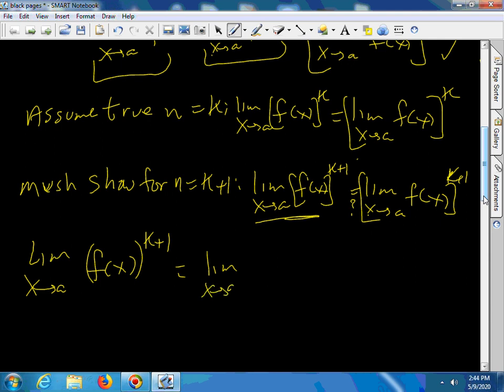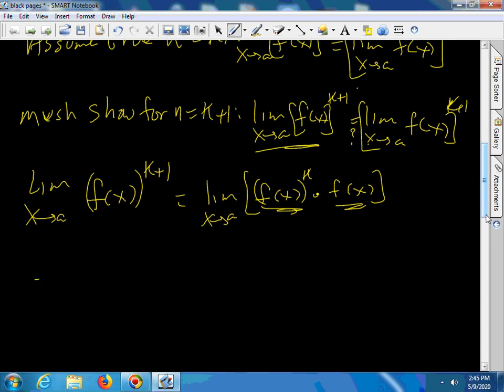This is the limit as x goes to a of, say, f of x to the k times f of x. Now, f of x to the k is a function. I'm not saying we know the limit of it, but it's a function times another function. I can use the product rule here.